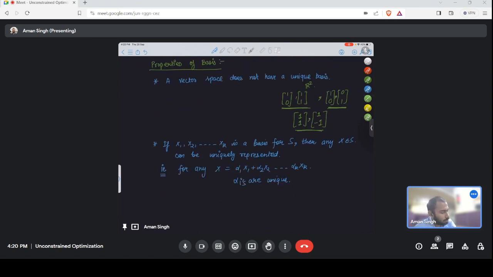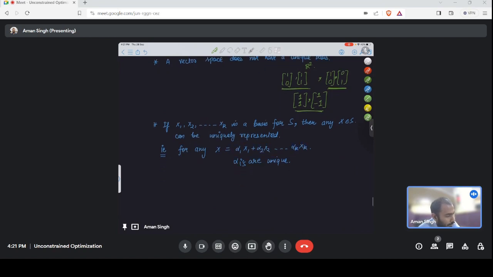What does that mean? Let's say I have a set of vectors which are bases. Then any vector which I represent using those bases is unique. We saw earlier that if we have a set of vectors which span S, alpha may not be unique. We can have others, but if those spanning vectors are bases, then alphas become unique. Let me give you an example. (1, 0) and (1, 1) are, let's say, a basis in R square.